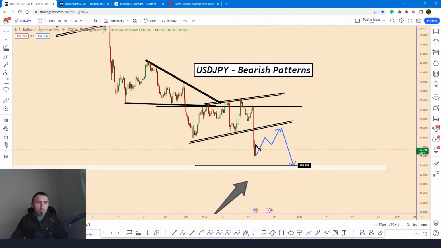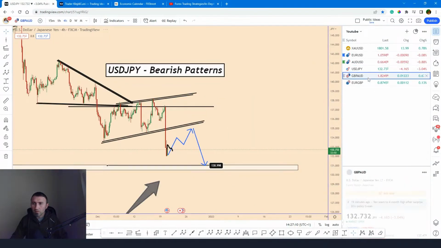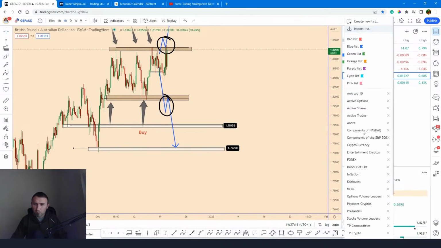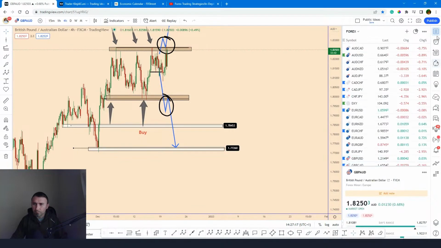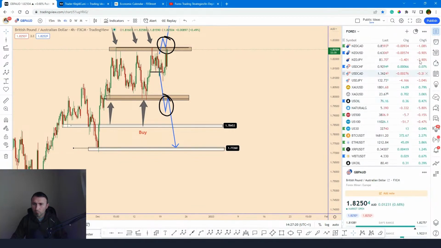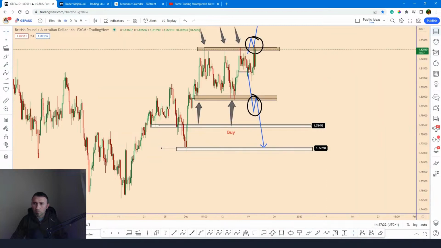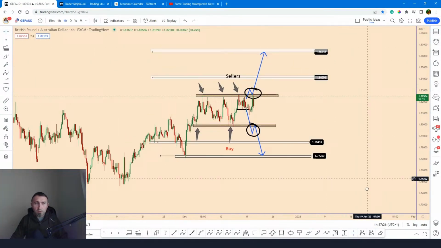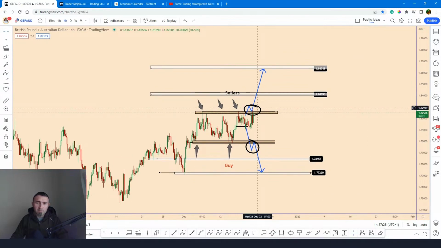The next one that we are going to look at is GBP Australian dollar. For GBP Australian dollar, we have to know that price is actually creating this type of movement.